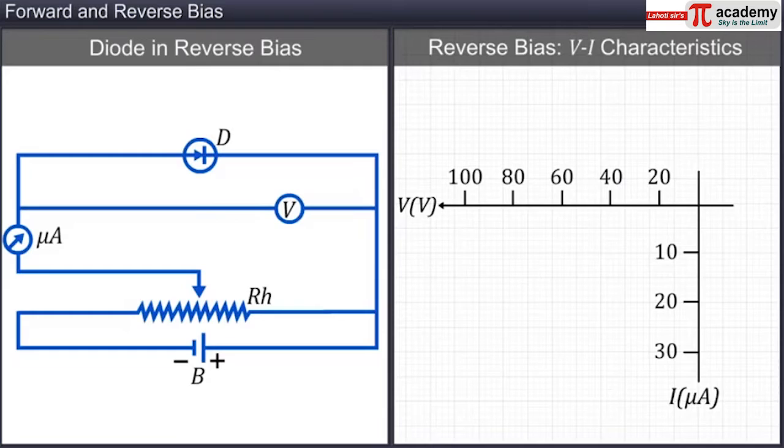The graph showing the variation of current versus potential difference for a reverse biased diode is called its VI characteristics for reverse bias.